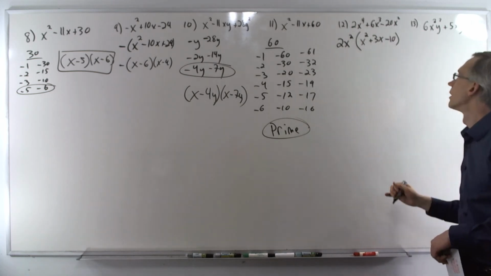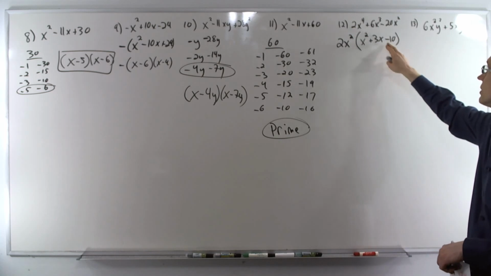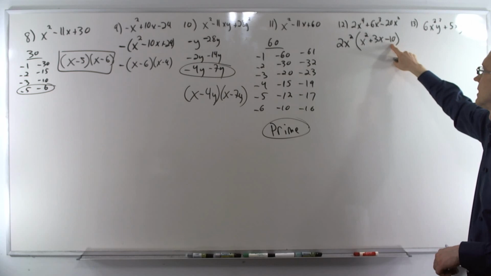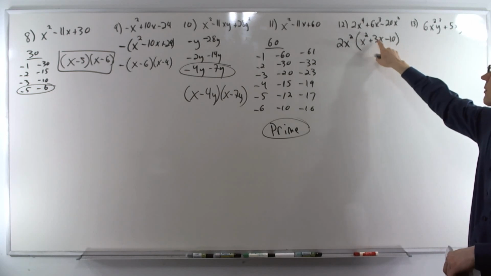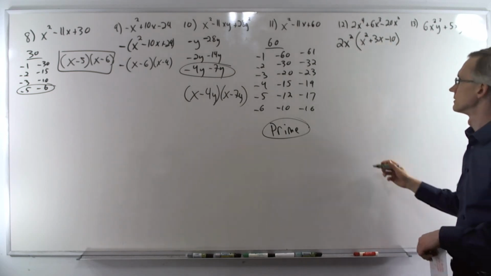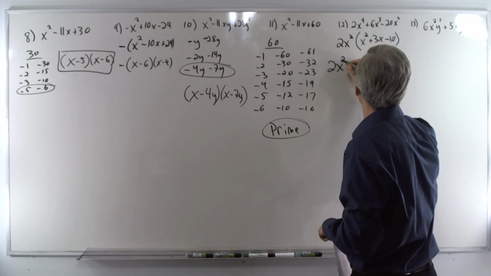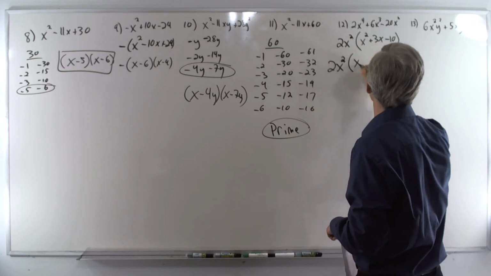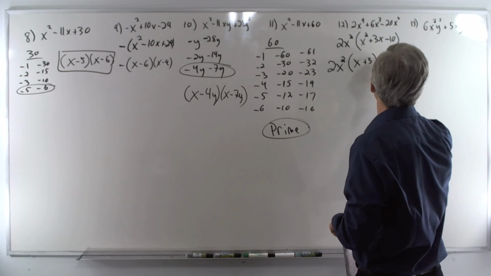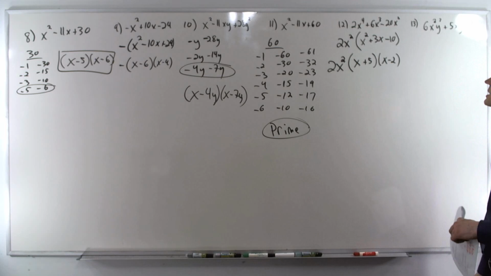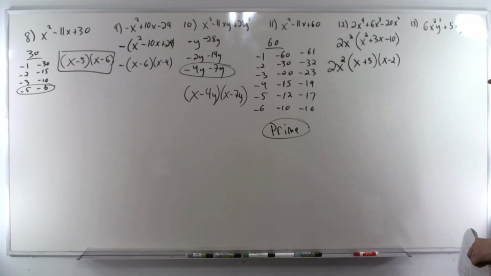Now we need two numbers to multiply to get negative 10 and add to get 3. Those two numbers will have opposite signs because this is negative, and the bigger number will be positive because the middle term is positive. So that factors into 2x squared times x plus 5 times x minus 2.